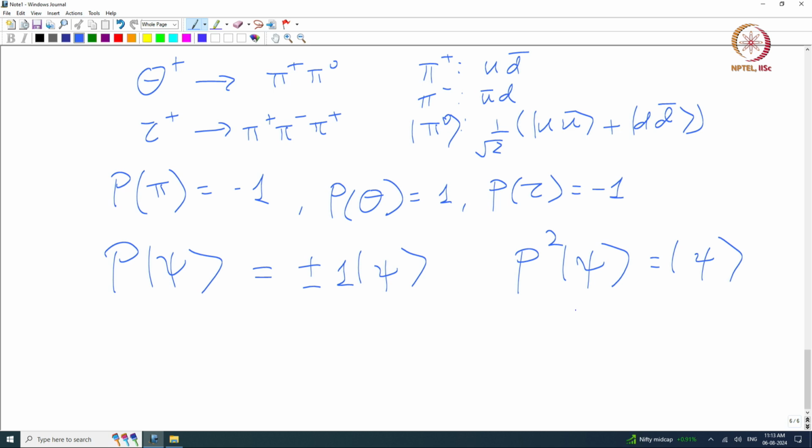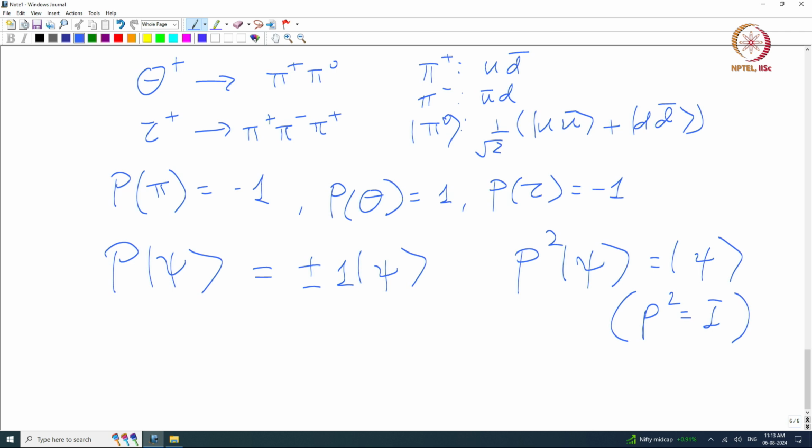In other words, p square is nothing but the identity, and maybe later we will see that the operator p can be represented in matrix form and so on. If we have time, we will get into all that, but for now, just think of these as abstract operators.